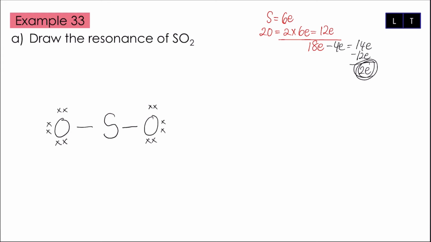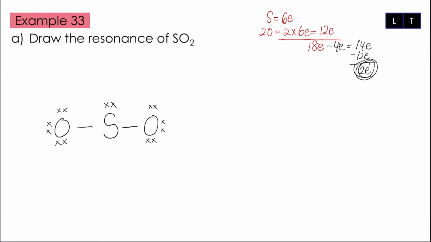So I got sulfur, my central atom, with 2 electrons here to make it a pair. So what I'm going to do, I'm going to make sure my sulfur is octet as well. So we can see that sulfur only has 6 electrons, so it needs 2 more.